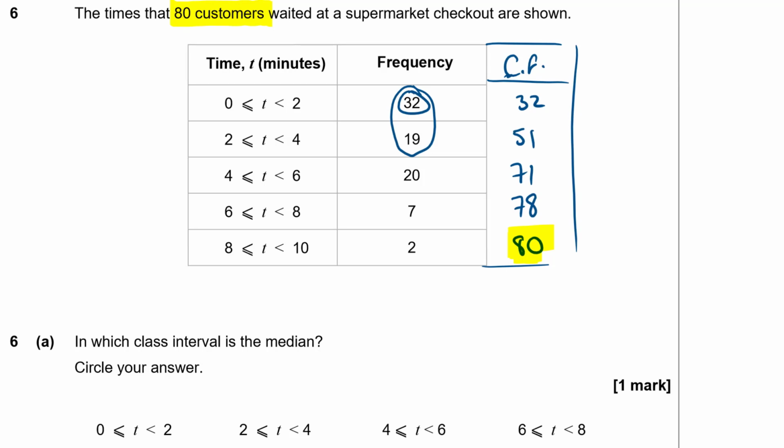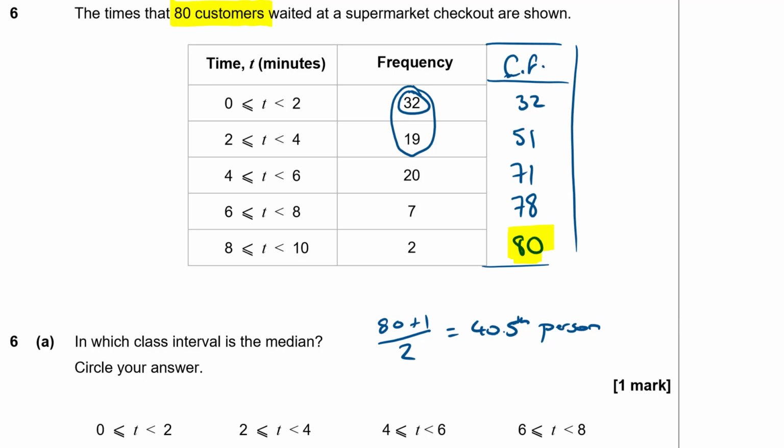Now to work out where the median is, the person in the middle. So if you've got 80 people, then you can find where the middle person is by adding 1 and dividing by 2. So the middle person is the 40.5th person. Now where do they lie in the data? Well, we can just use our cumulative frequency to work that out.